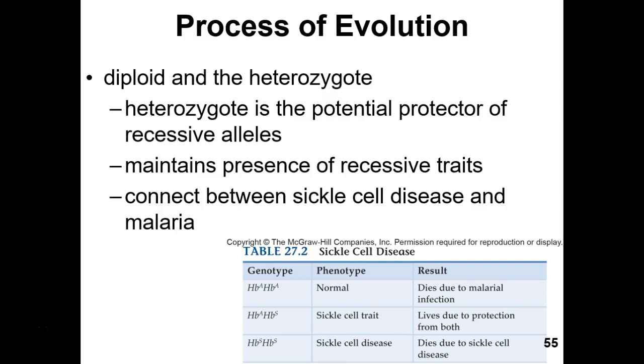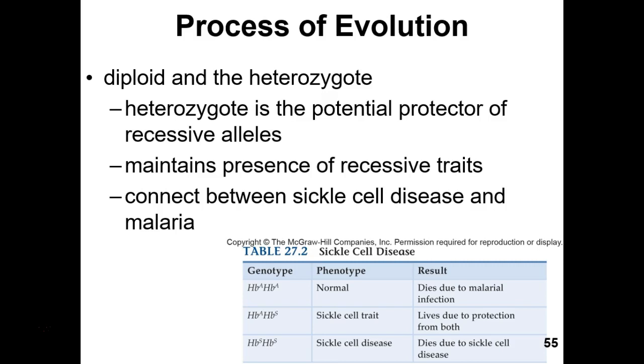But these are the same areas where malaria is more prominent. And individuals that have sickle cell disease can't get malaria. They are protected from malaria. And because of this, this allele becomes more common. Those who die from sickle cell disease can't pass on their genes.